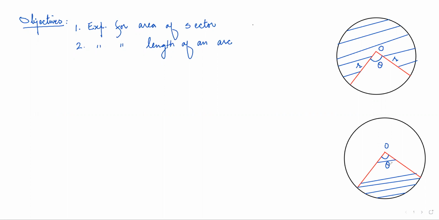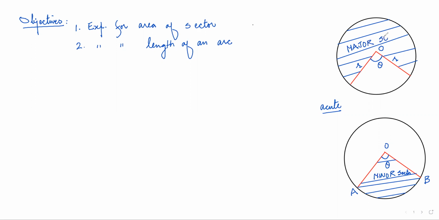For this angle theta, as theta is an acute angle, we are having one sector AOB. This AOB is known as the minor sector, and corresponding to the same theta, this area, shown again by blue lines, is the major sector.